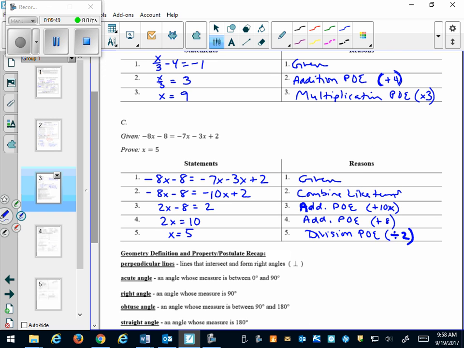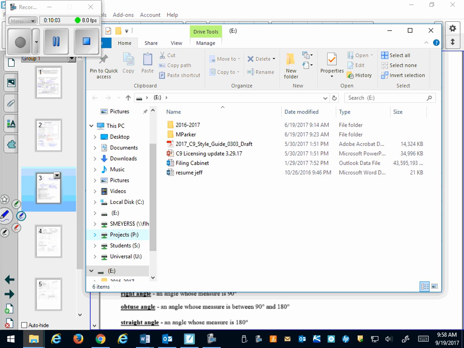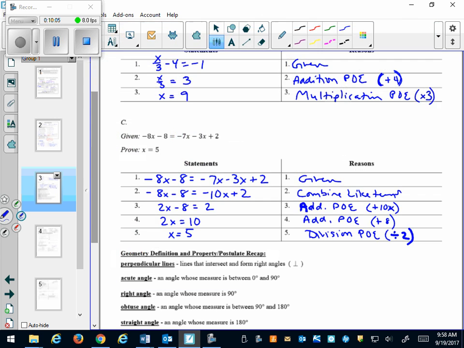Okay, and you might have a different order sometimes, especially in this second proof. Maybe you added the 8 first instead. So it might be a different order, but just check that all of your reasons kind of match my reasons.